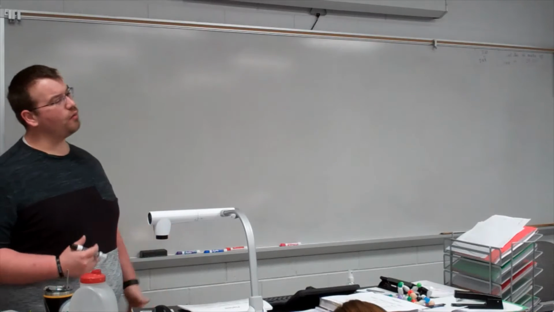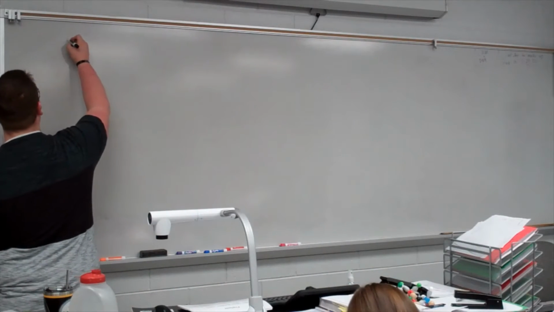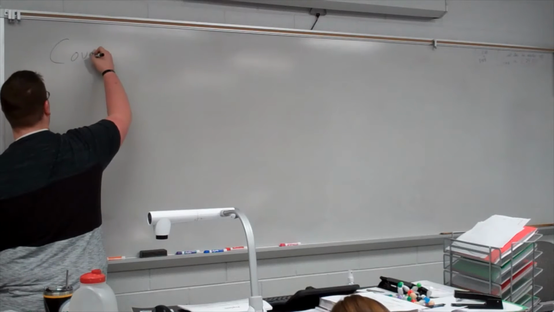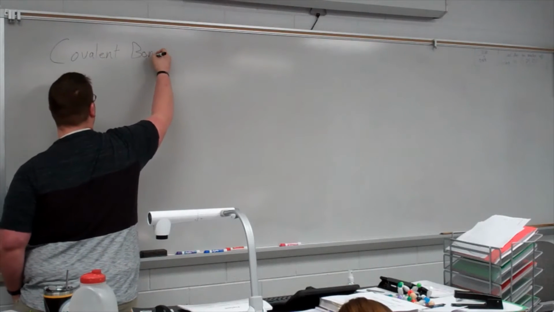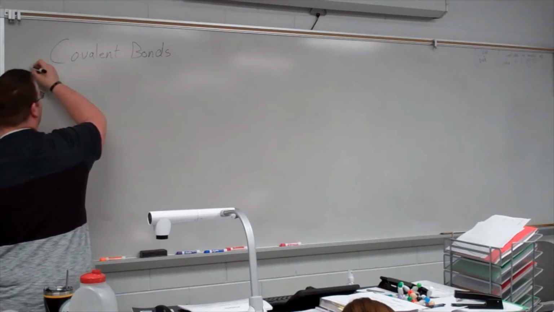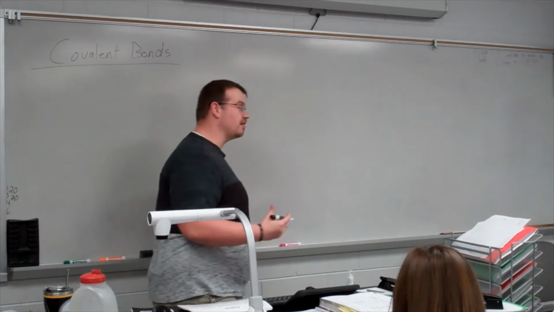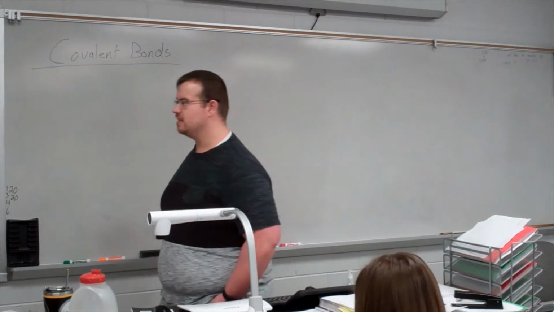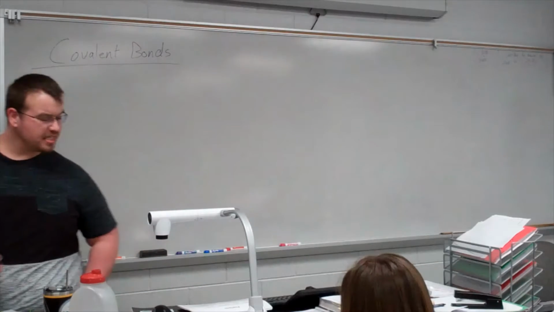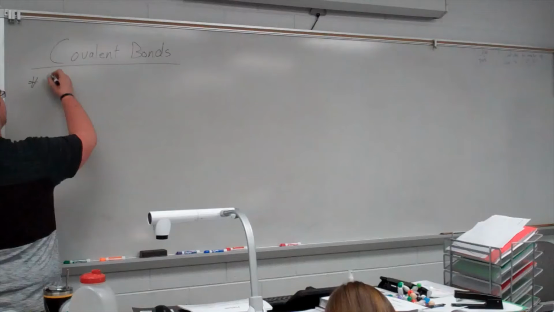Now we're going to go into the second type of bonds we talked about. The covalent bond. Now within this, whenever you're dealing with the covalent bonds, what you're literally going to find yourself encountering and having to deal with is using these prefixes. So here's what we use the prefixes for.